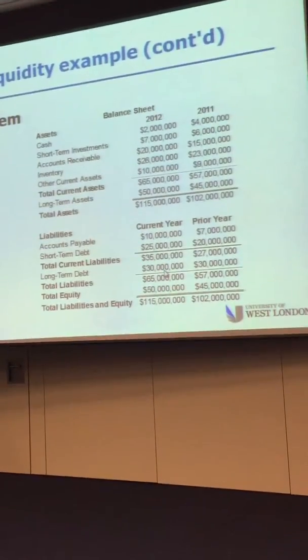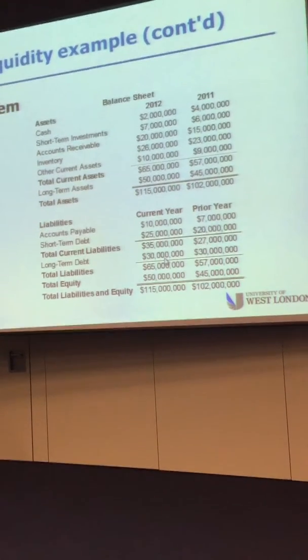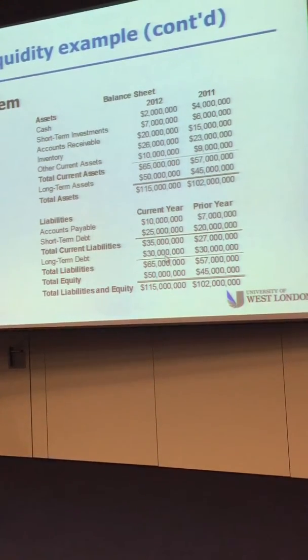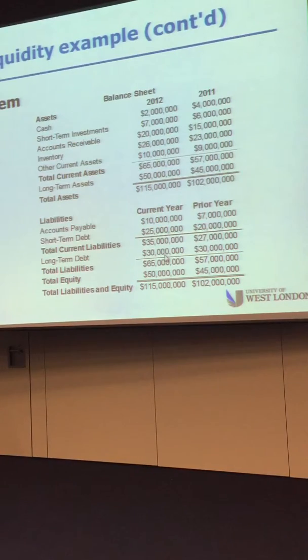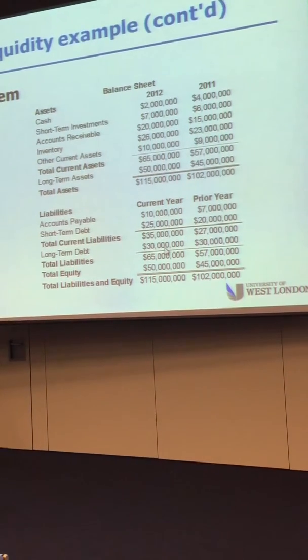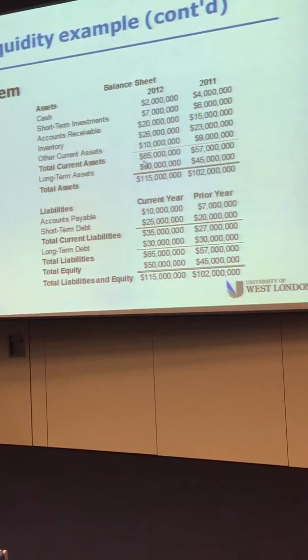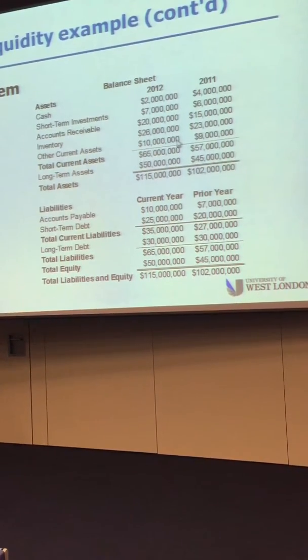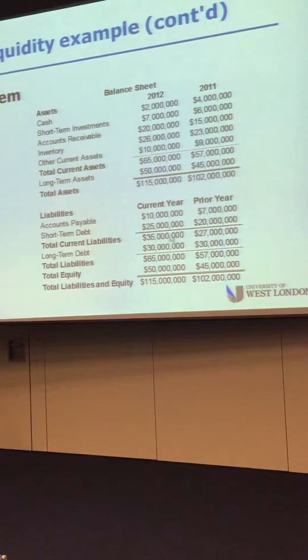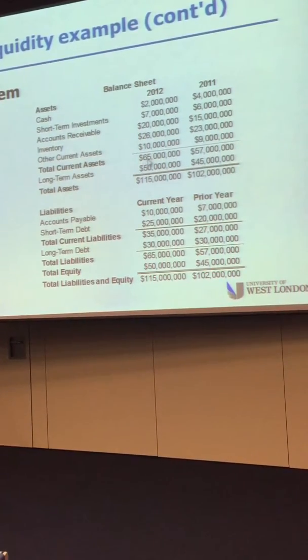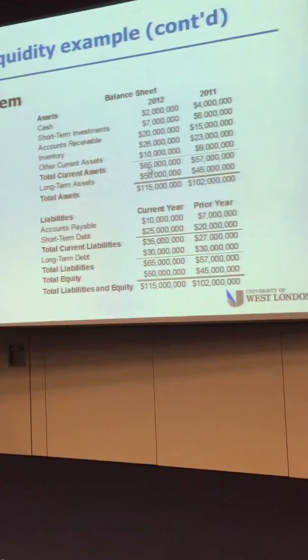The current ratio is current assets over current liabilities. Where do we get current assets? From the balance sheet, the total is 65 million. So these are our current assets, these are our current liabilities. We just take it from the balance sheet, divide one over another.